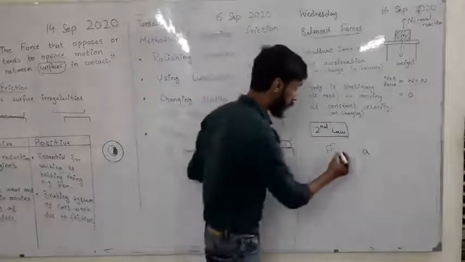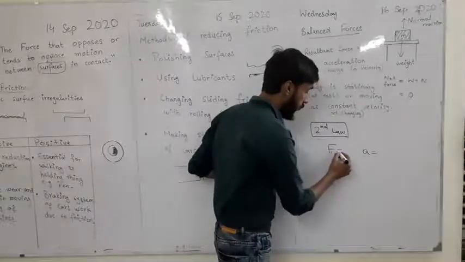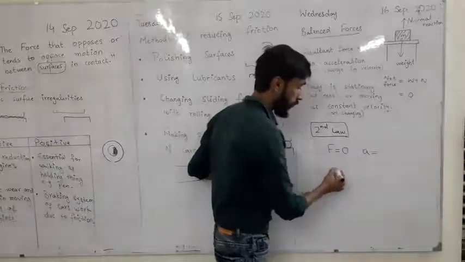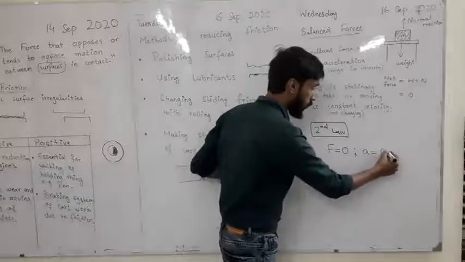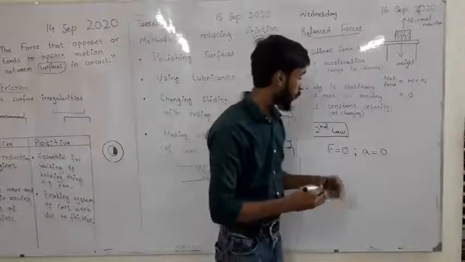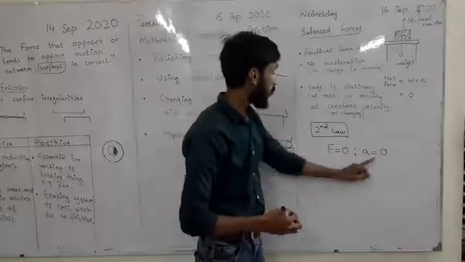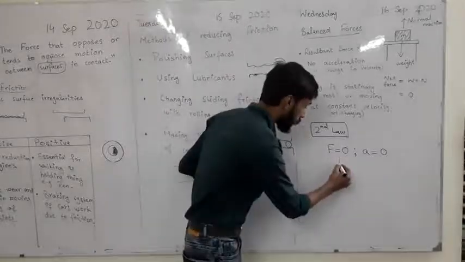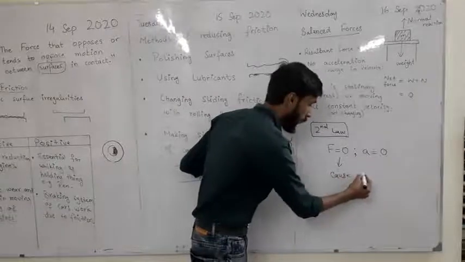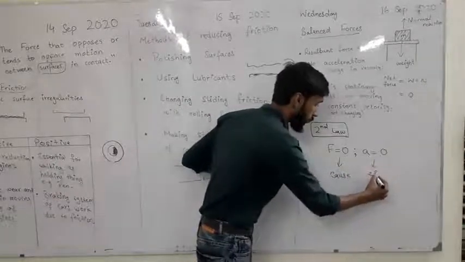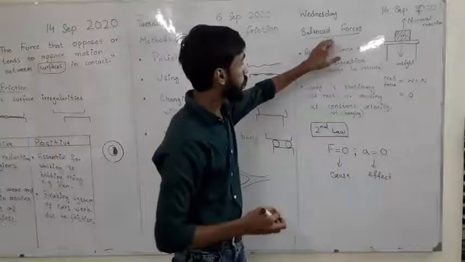So we concluded there that when there is no force, when force is zero, acceleration is zero. For acceleration, you need force. Force is cause and acceleration is effect. What is balanced forces?